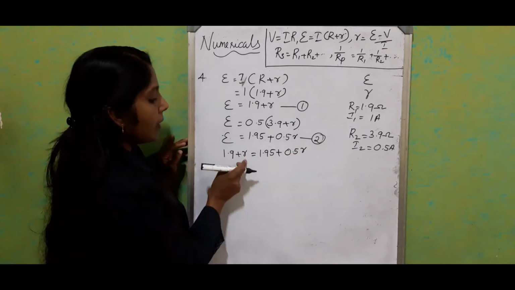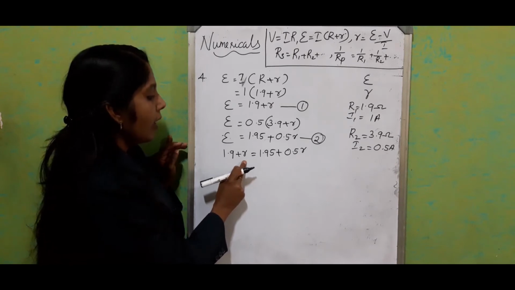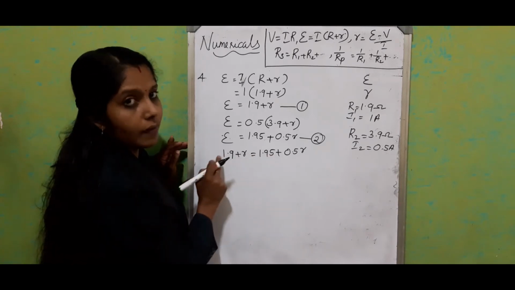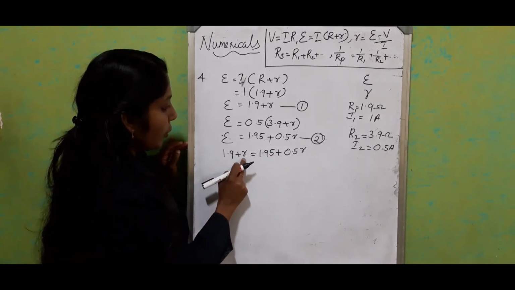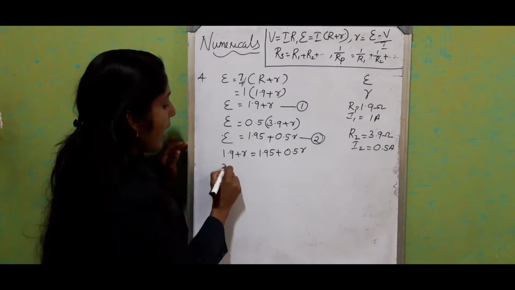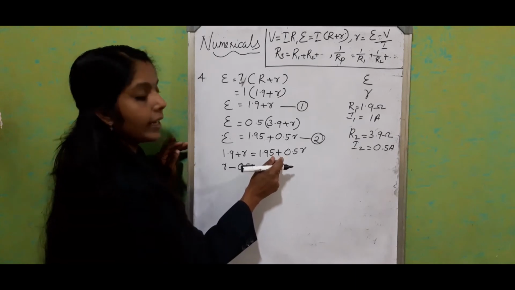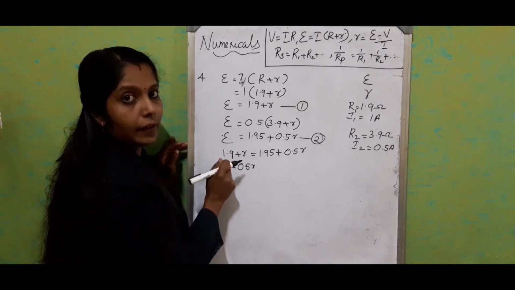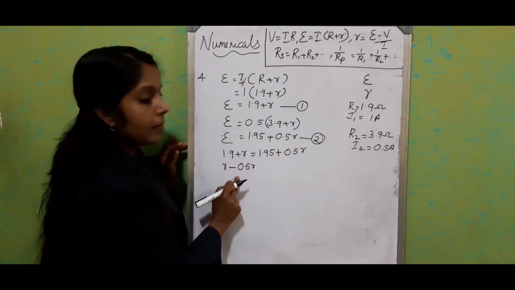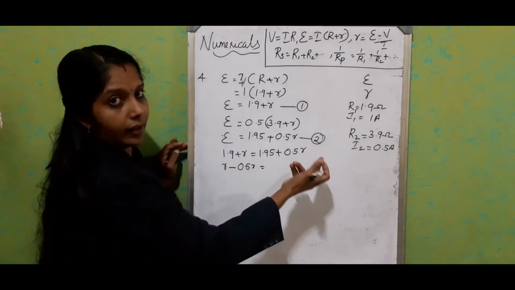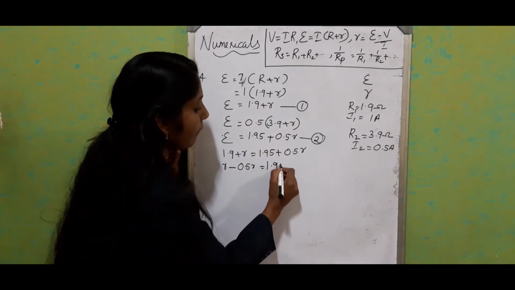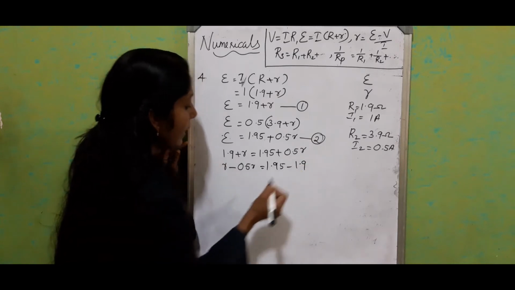We will keep the r terms together and the other two values together. So r minus 0.5 r, because when we take this plus to the left side of the equal sign it becomes minus. In the same way, 1.95 minus 1.9.